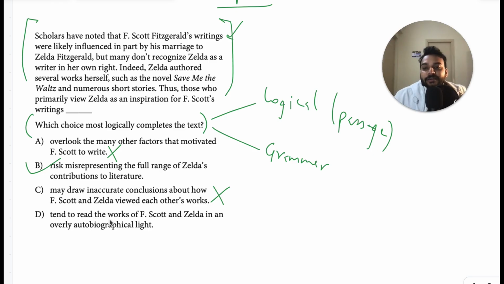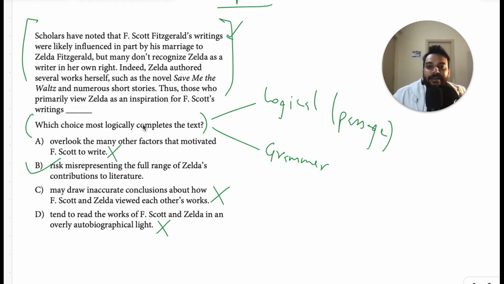Tend to read the works of F. Scott and Zelda in an overly autobiographical light. Again, nowhere that's mentioned. Just making the options complicated won't lead us to making a mistake. So let's plot against College Board's sinister plots. Option B is the correct one, the simplest one: risk misrepresenting the full range of Zelda's contributions to literature.